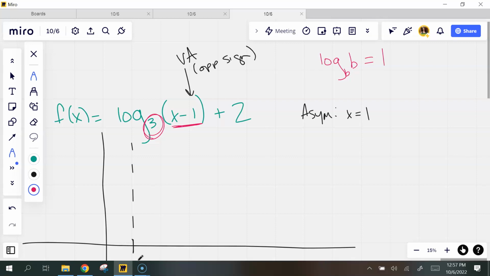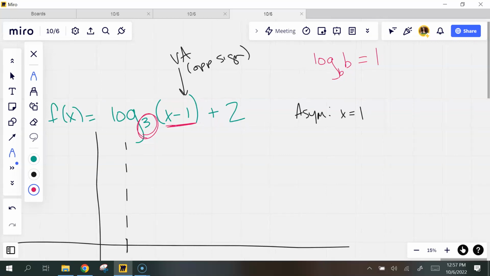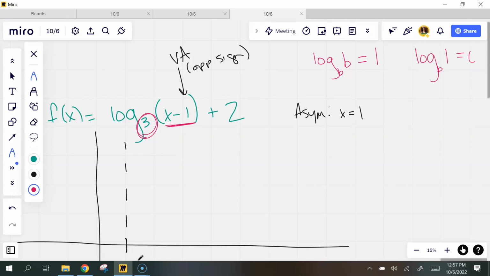Do you agree? And the other property is log base b of 1 is always 0. So if I could also cause this one to be 1, it would be easy to evaluate. Do you agree? So I'm going to pick two x's that are going to cause that situation to happen.